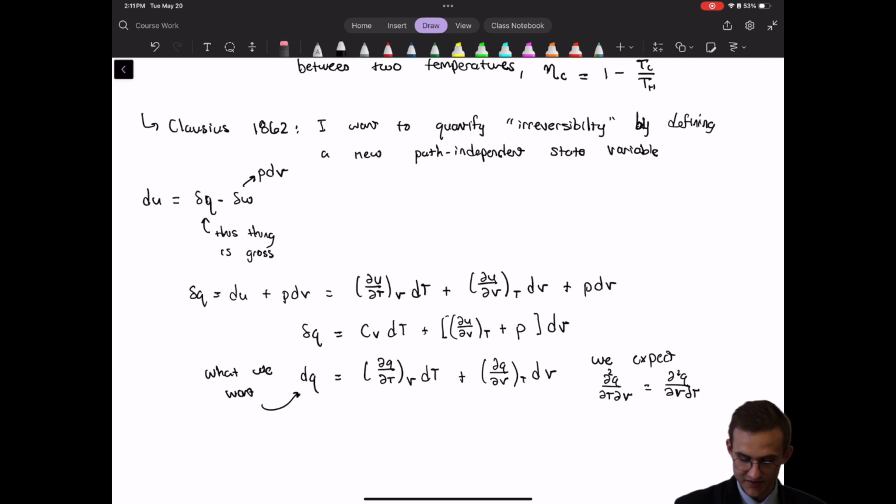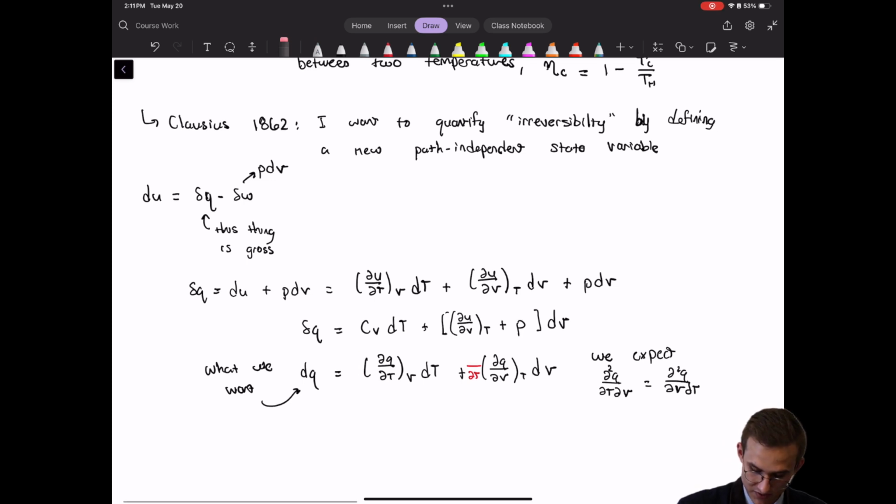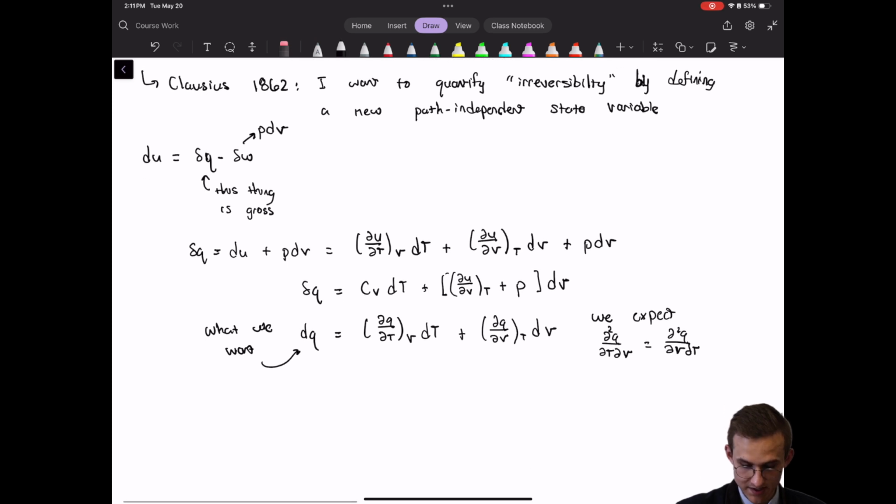In other words, if we take the partial derivative of this with respect to V and the partial derivative of that with respect to T, we would expect those to be equal, because this is a proper, integrable total differential. But this is not the case.